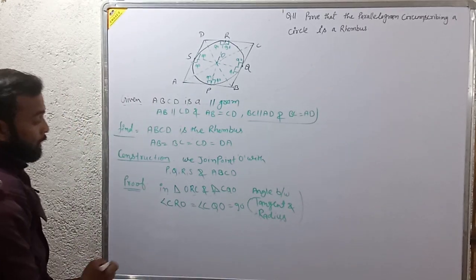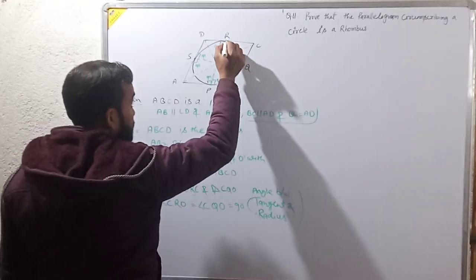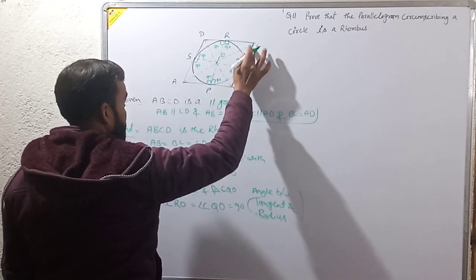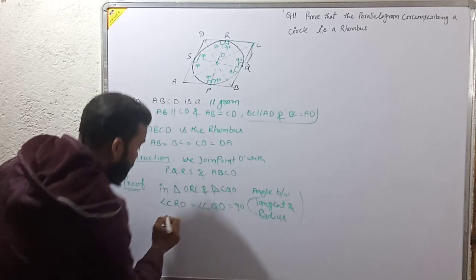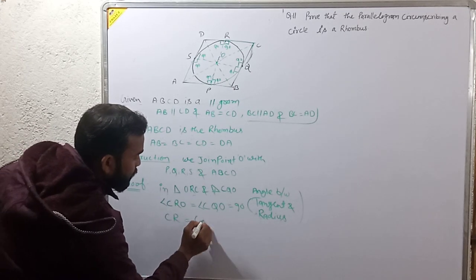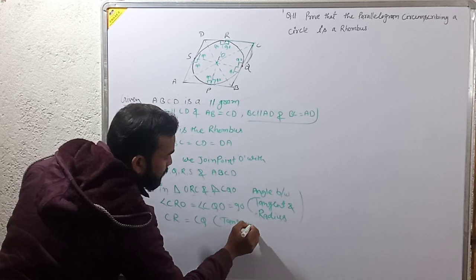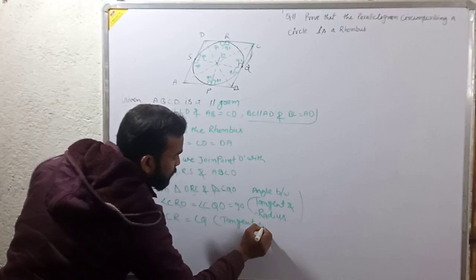Clear? And CR is equal to CQ, tangents from the same point.